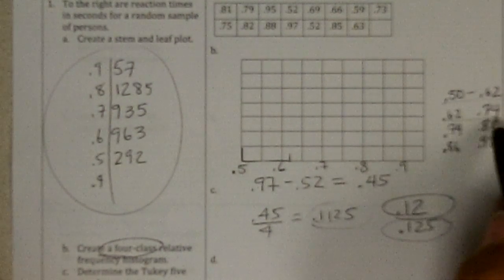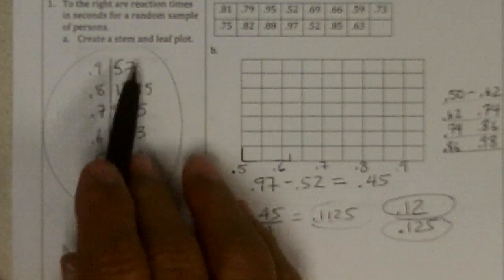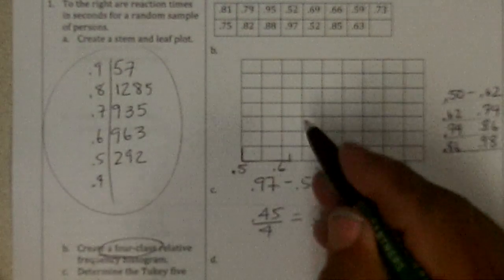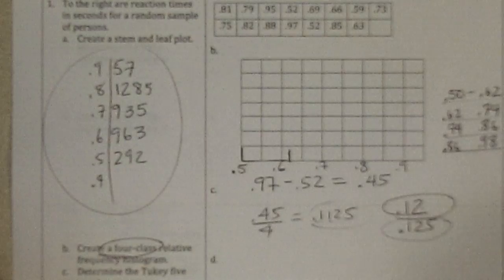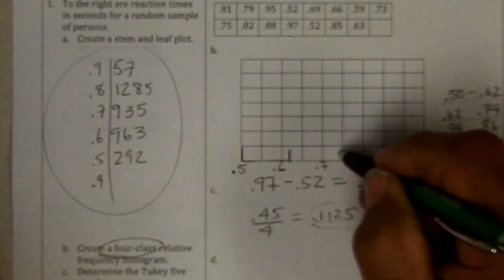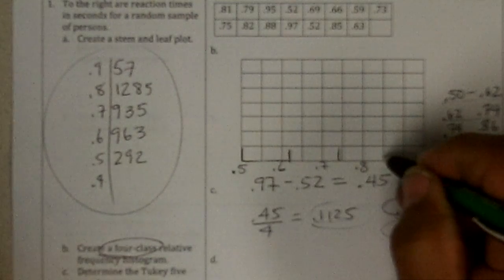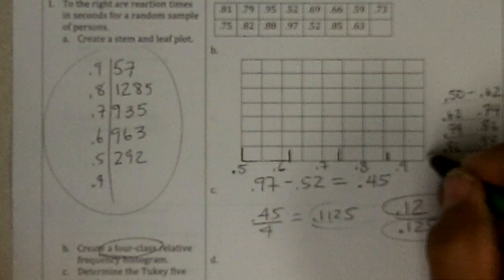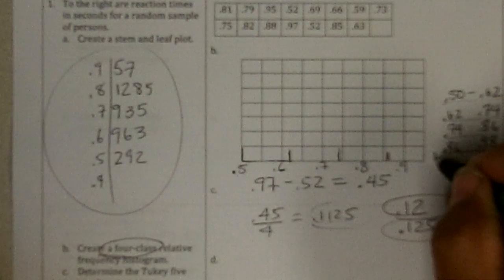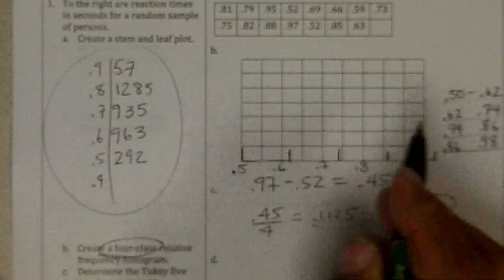There's my 4 classes, and that will cover all of them. So 0.62, then up to 0.74, then up to 0.86. We'll take it out here just a little bit beyond.